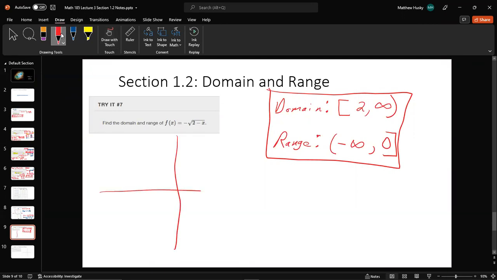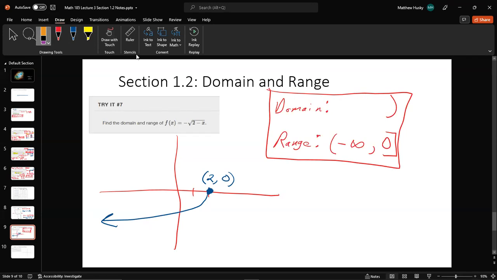So it actually starts over here at 2, 0, and then it curves off the other way. That's going to change the domain. In some ways, I would prefer Zoom showing me what it's actually supposed to look like instead of my own mirror image, because that's what I'm accustomed to.